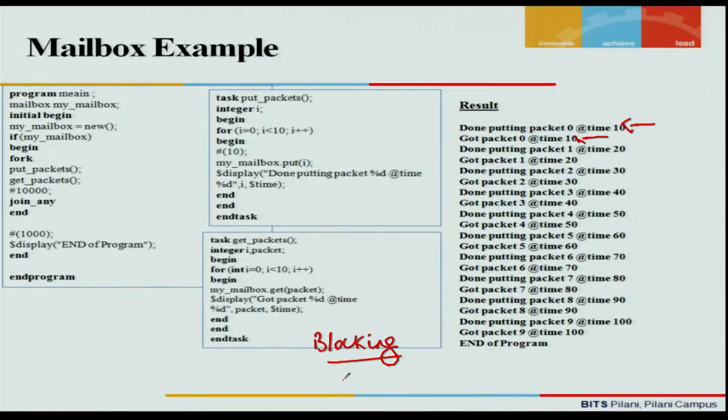Another approach can be a non-blocking way, in which for the fork join, you put packet, then wait for hash 1000, and then get packet.